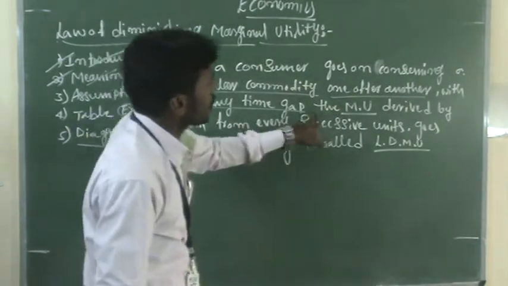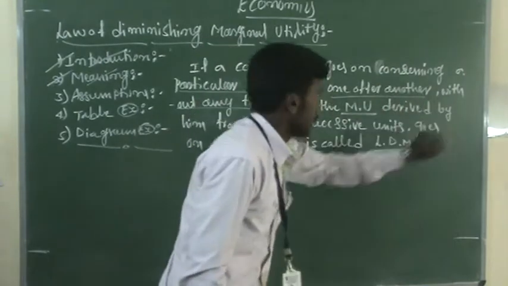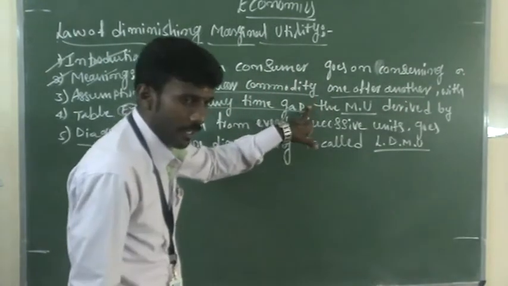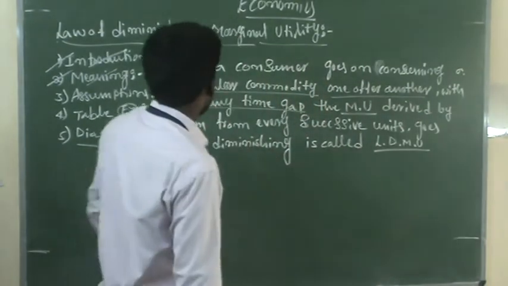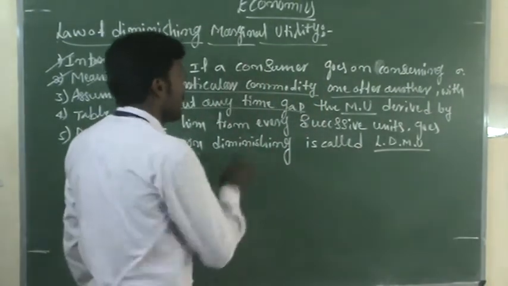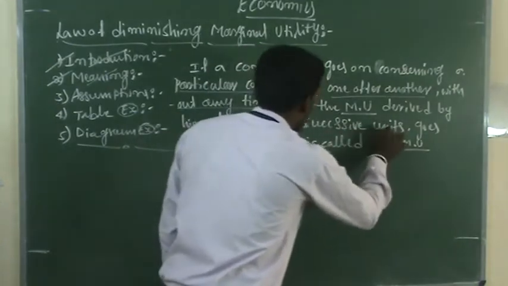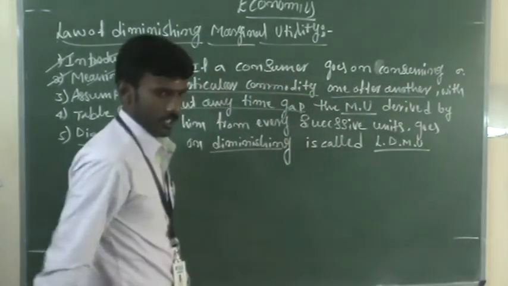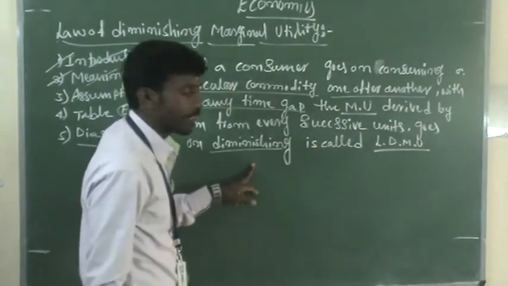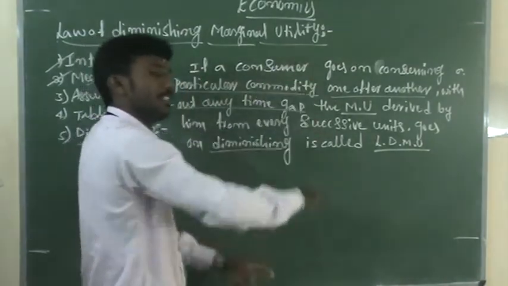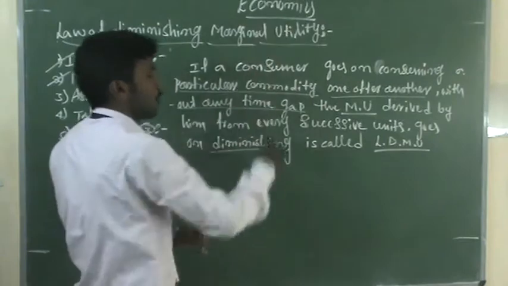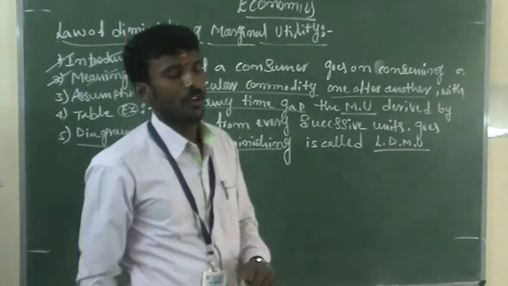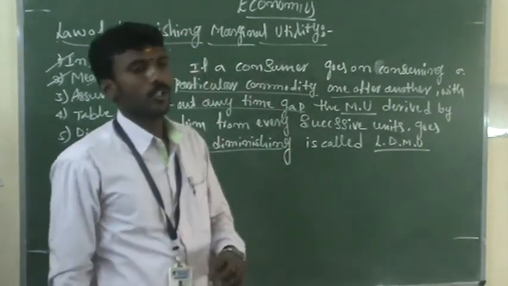Okay, the marginal utility, MU, derived by him from every successive unit goes on diminishing. This goes on diminishing or decreasing, totally this process. This theme we are going to consider as the law of diminishing marginal utility.